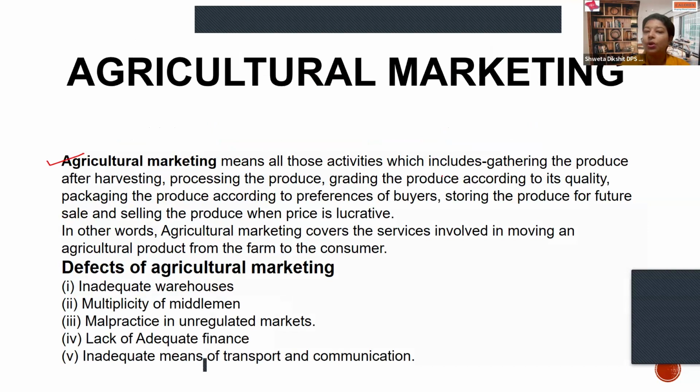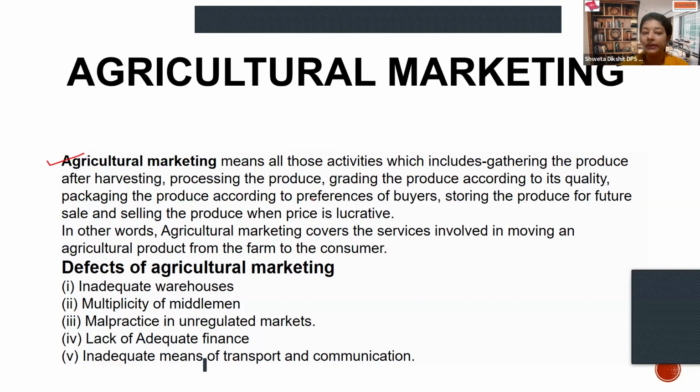So agricultural marketing means all those activities which include gathering the produce after harvesting, processing the produce, grading the produce according to the quality, packaging the produce as per the preferences of the buyers, storing the produce for the future sale.